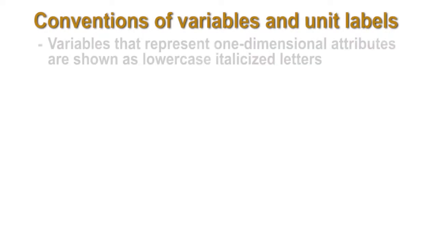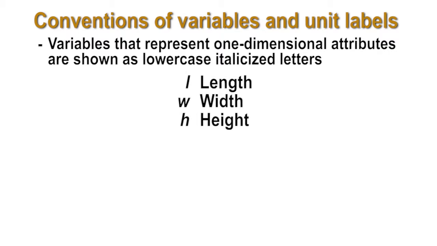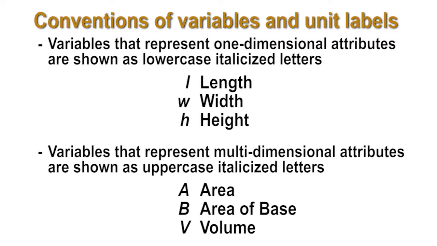Before discussing the skills taught in this chapter, let's discuss the conventions of variables and the unit labels. When working with variables that represent one-dimensional attributes, they are most commonly represented as lowercase letters in italics. For example, length, width, and height. When working with variables that represent multi-dimensional attributes, those variables are commonly represented as uppercase letters in italics. For example, area, area of the base, and volume.